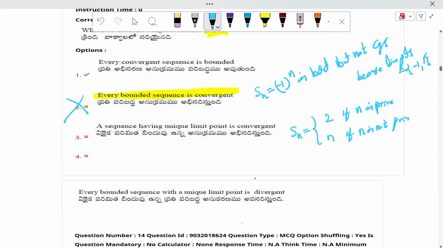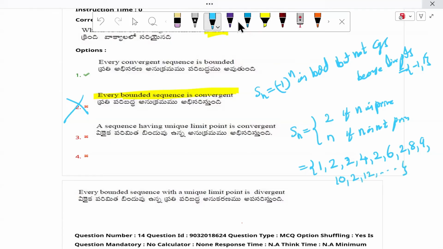What is the sequence here? n = 1 is not a prime, it is 1. n = 2, prime, it is 2. n = 3, prime, it is 2. n = 4, not a prime, 4. n = 5, prime, 2. n = 6, not a prime. n = 7, prime. n = 8, not a prime. n = 9, not a prime, 9. n = 10, not a prime. n = 11, prime, 2. n = 12, not a prime, 12, and so on.